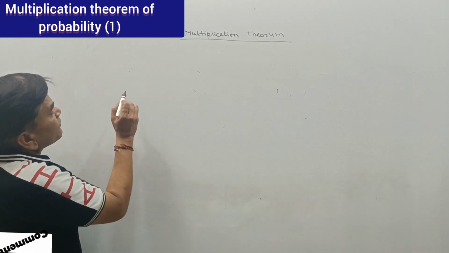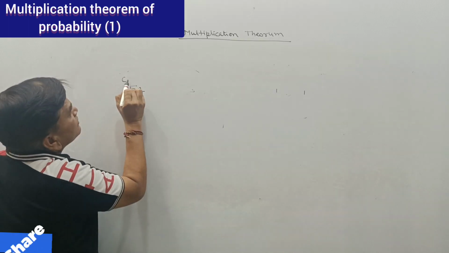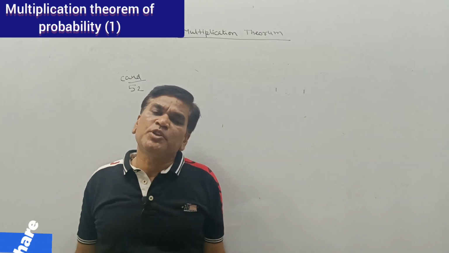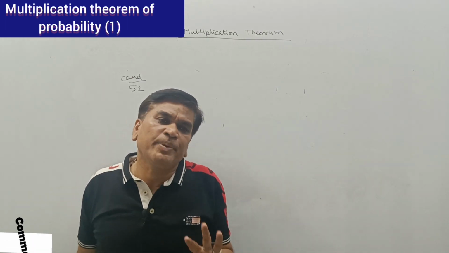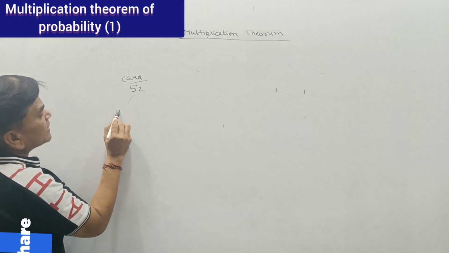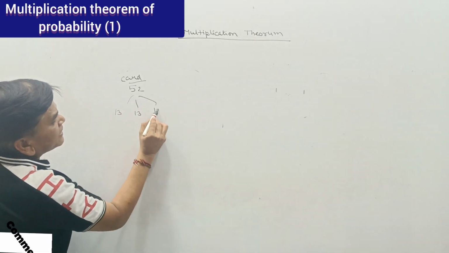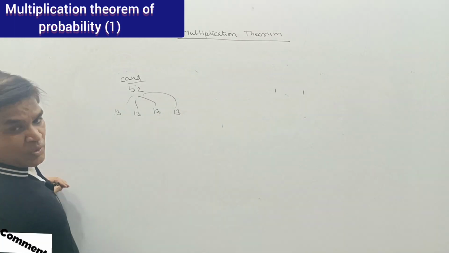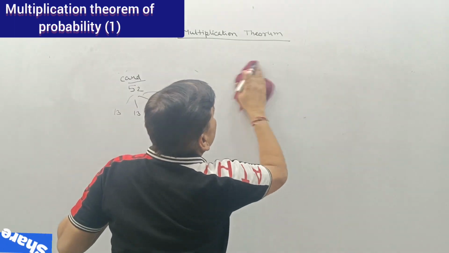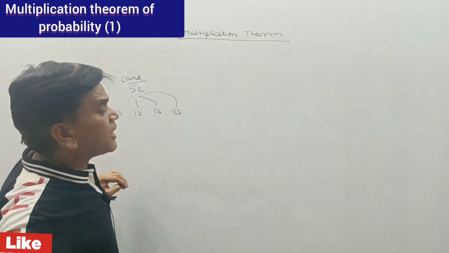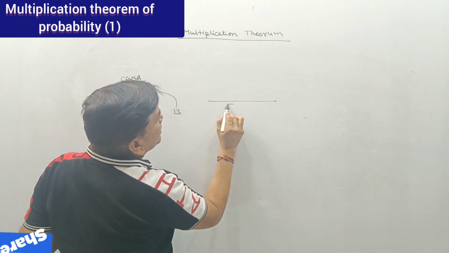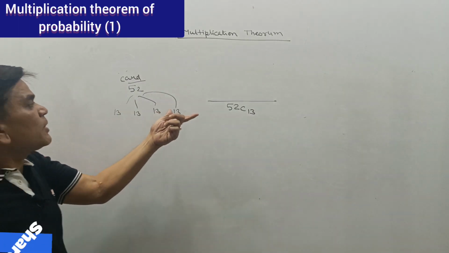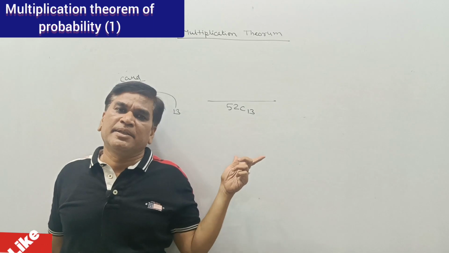So there is a pack of 52 cards, and if these 52 cards are distributed among the 4 players, each player will get 13 cards. So the total number of ways of getting 13 cards from the 52 cards is 52C13.